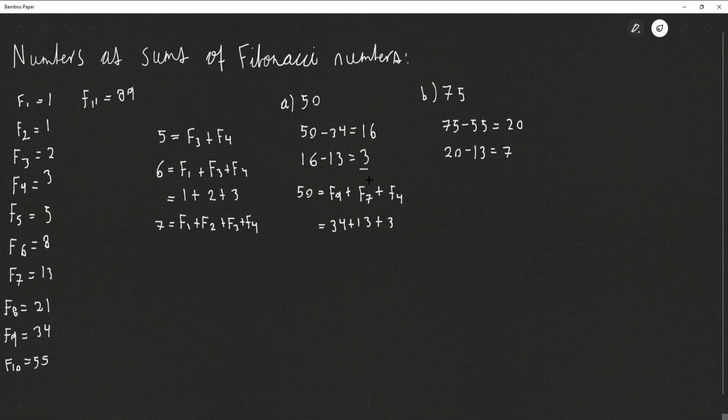Or we could do it with 7 minus 5 this time, since we're going to follow our steps of just the next largest Fibonacci number, leaving us with a remainder of 2, which is exactly F3, meaning that 75 is equal to our value of 55, which is F10, plus our value of 13, which is our F7, and then finally plus our value of 5, which is our F5, and our value of 2, which is F3.